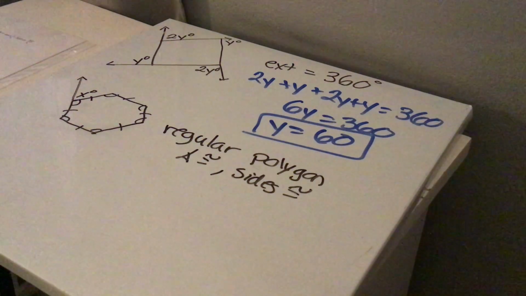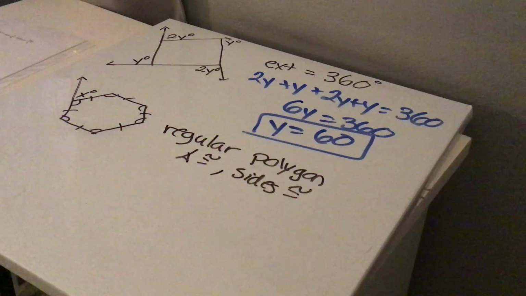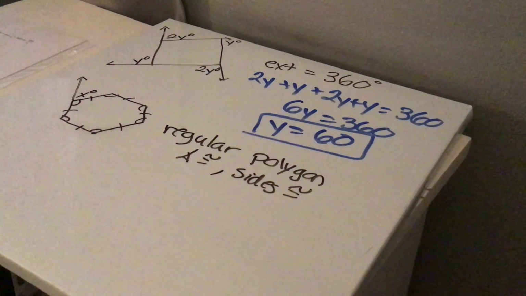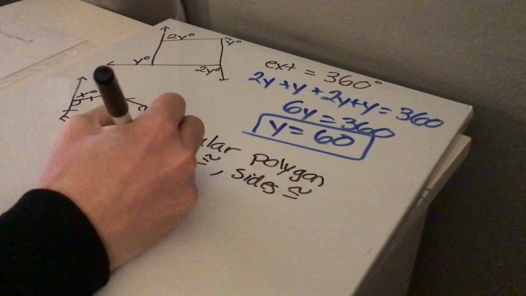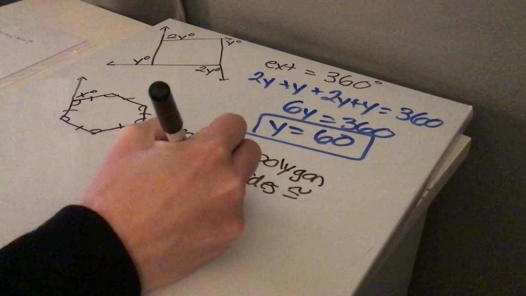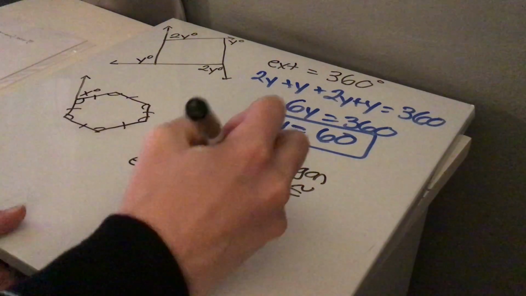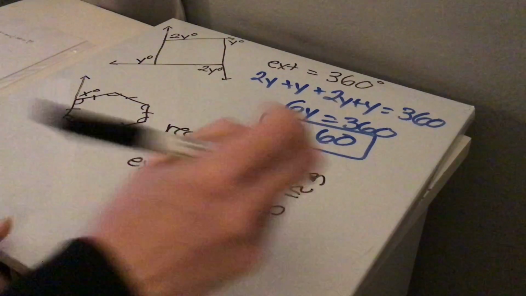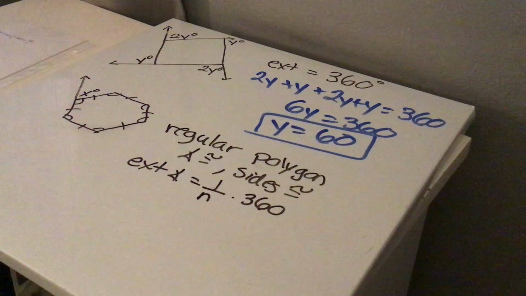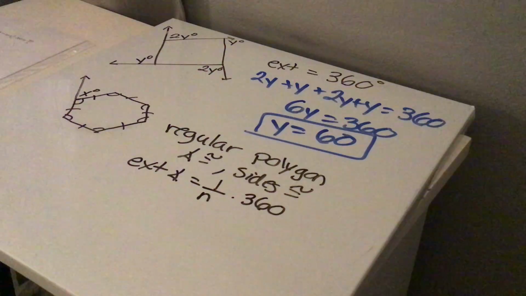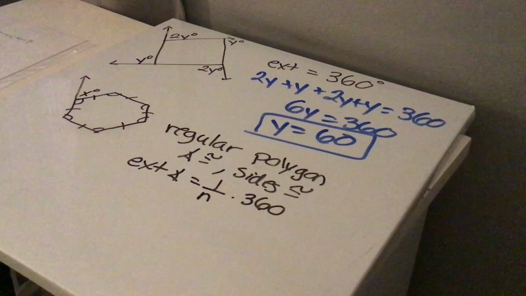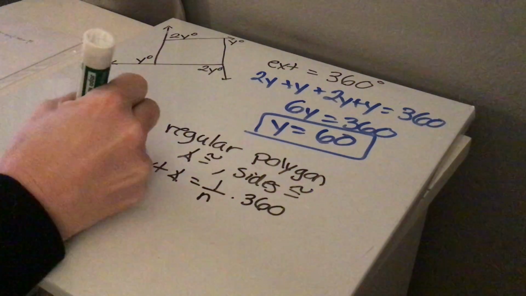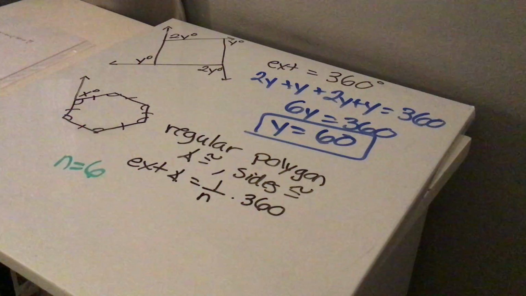So then I know that this is an exterior angle, and I have a theorem that tells me one exterior angle of a regular polygon is 1 over n times 360, where n is the number of sides. Okay, so all I need to do is how many sides are there? Well, there are 6 sides, so n is 6.